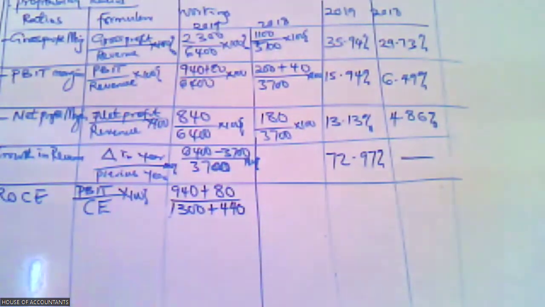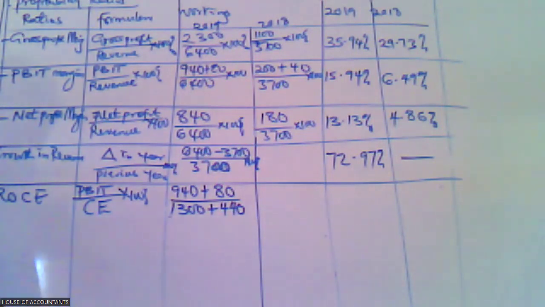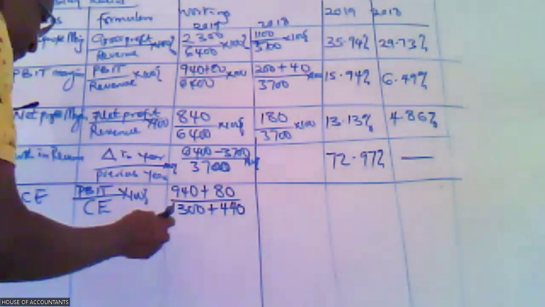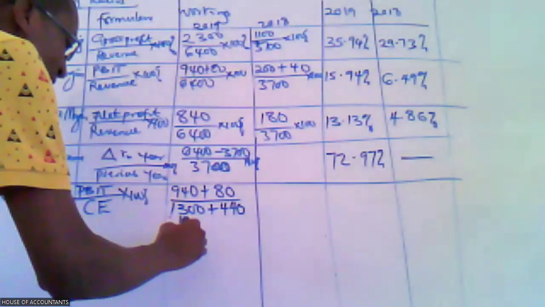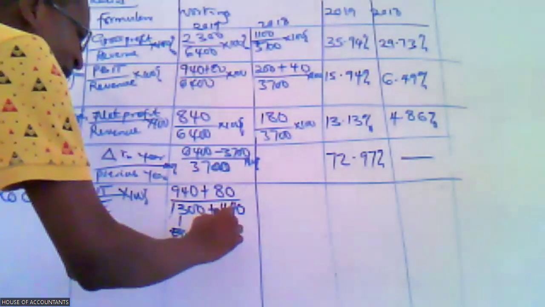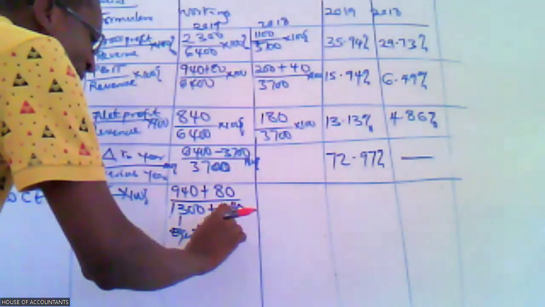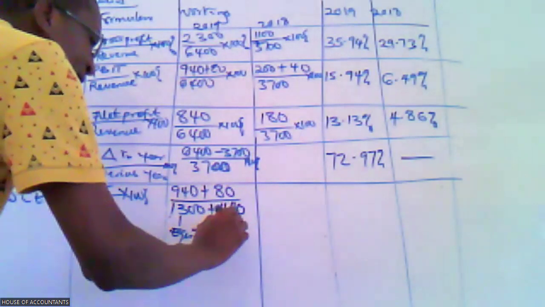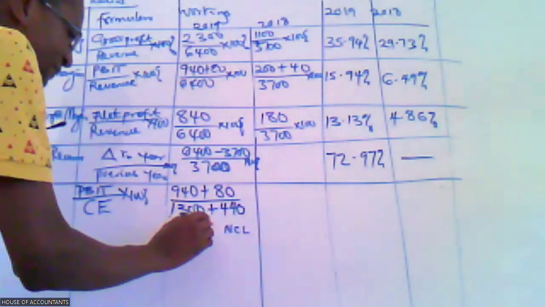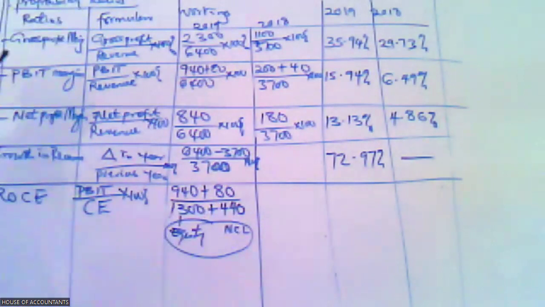Which one is not there? You are saying if you want to go this way, you can go this way. I'm waiting for you to say the other way. Okay. This one is equity. And this is non-current liability. Are we good to go?